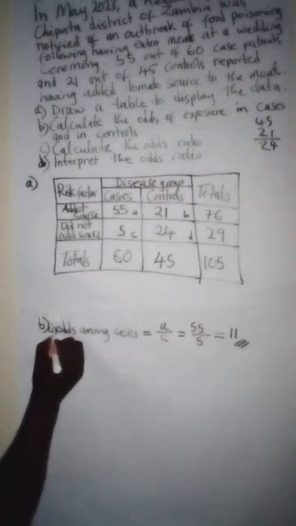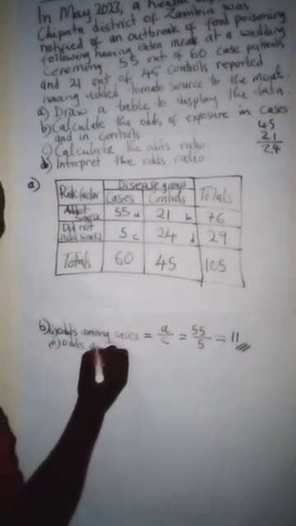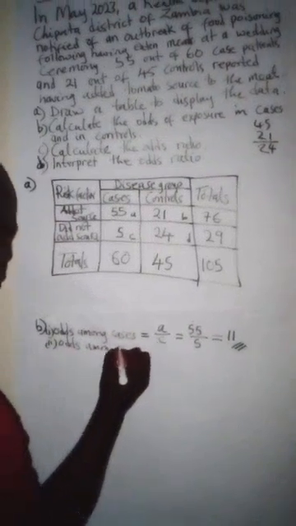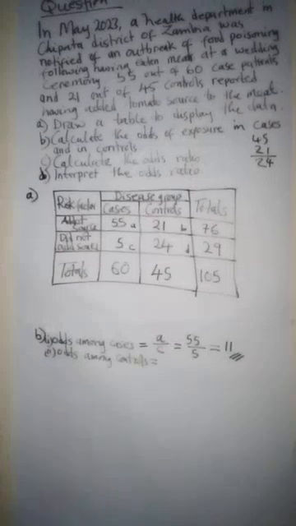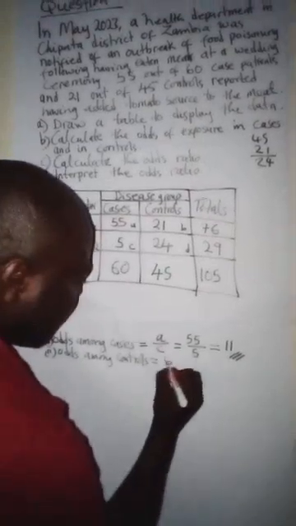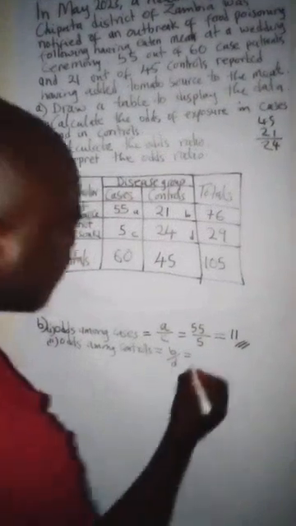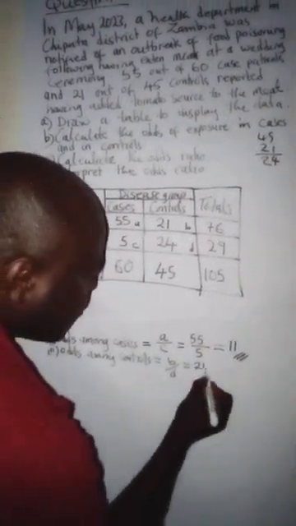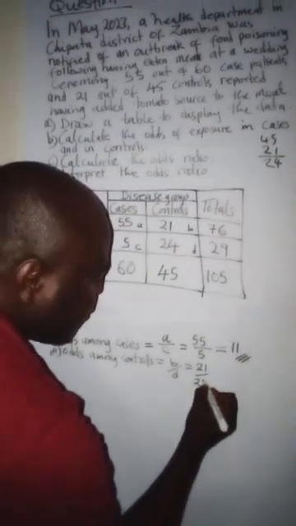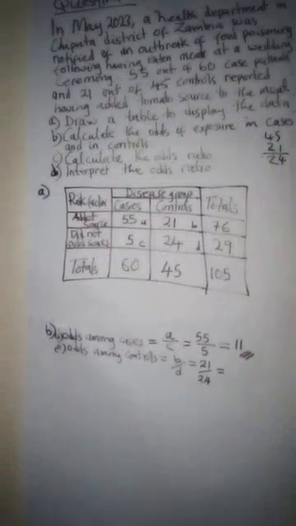Part 2 of B, odds among controls equals B over D, which is 21 over 24.